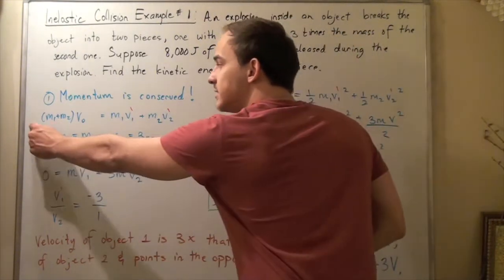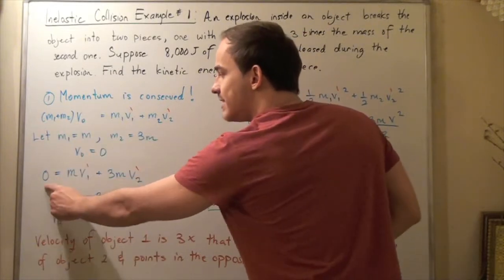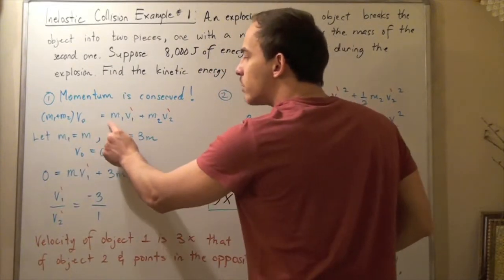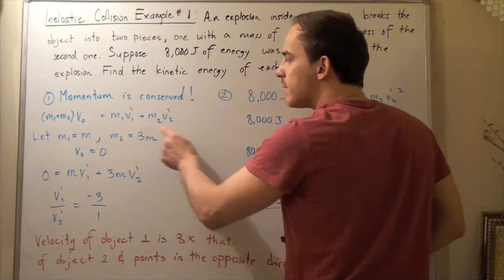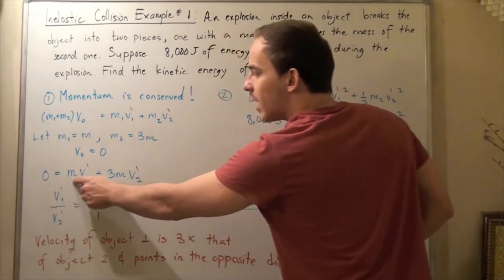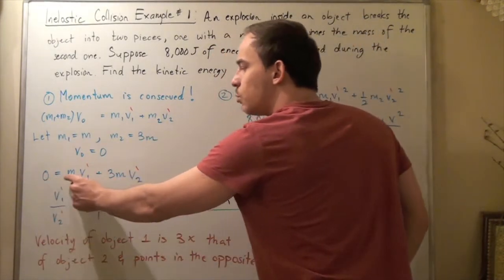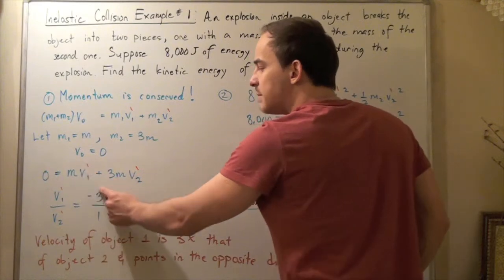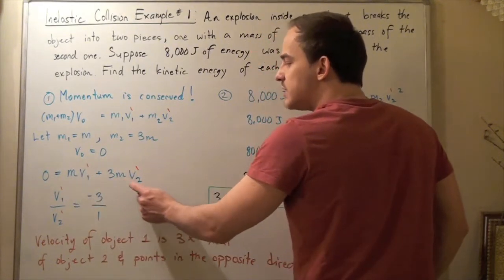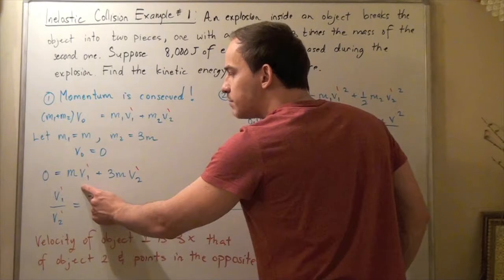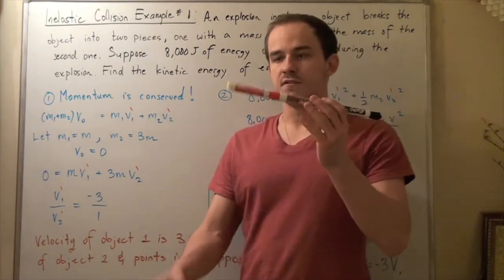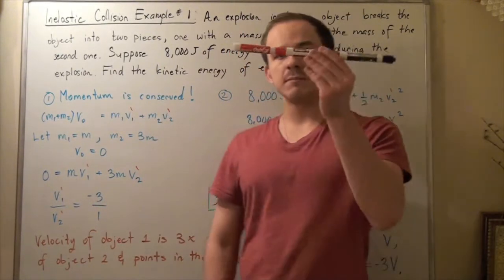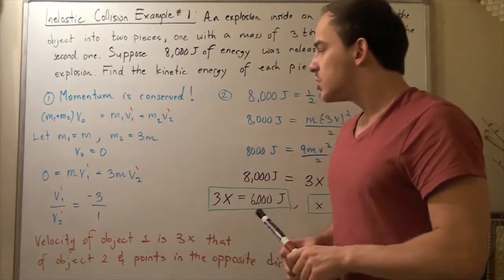So, now let's equate this whole thing to 0, and let's plug in m for m1 and 3m for m2. And we get the following equation. So 0 equals m times v1 prime plus 3m times v2 prime, where v1 prime is the velocity of this guy and v2 prime is the velocity of this guy.